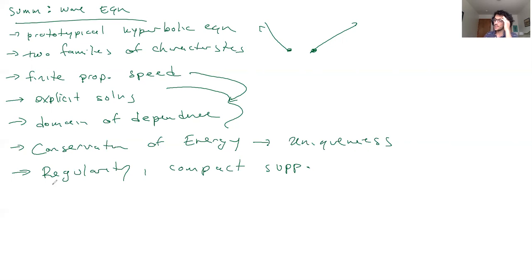As opposed to the heat equation, how regular your initial conditions are is how regular your resulting solution is going to be. There's no smoothing involved. Everything just gets propagated. That's not going to happen in the diffusion equation.